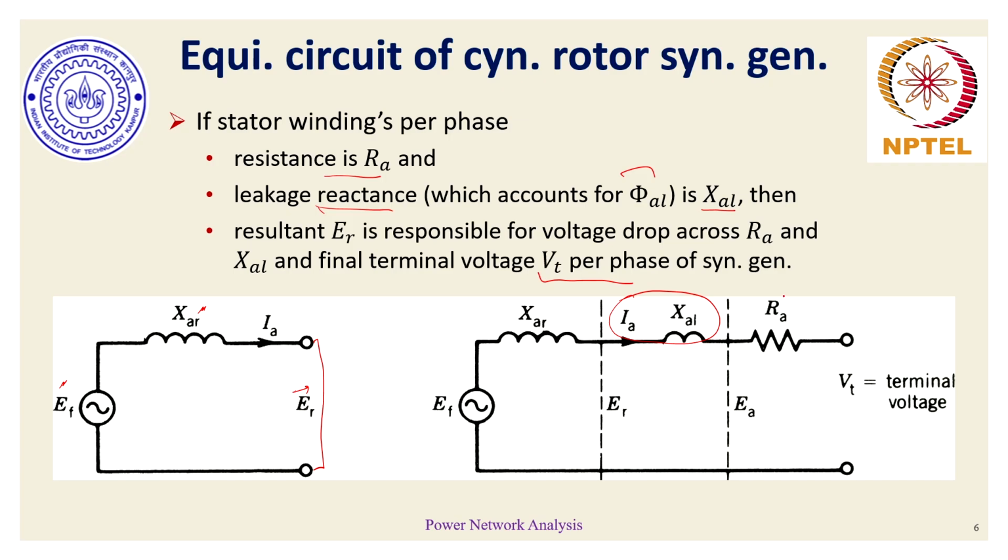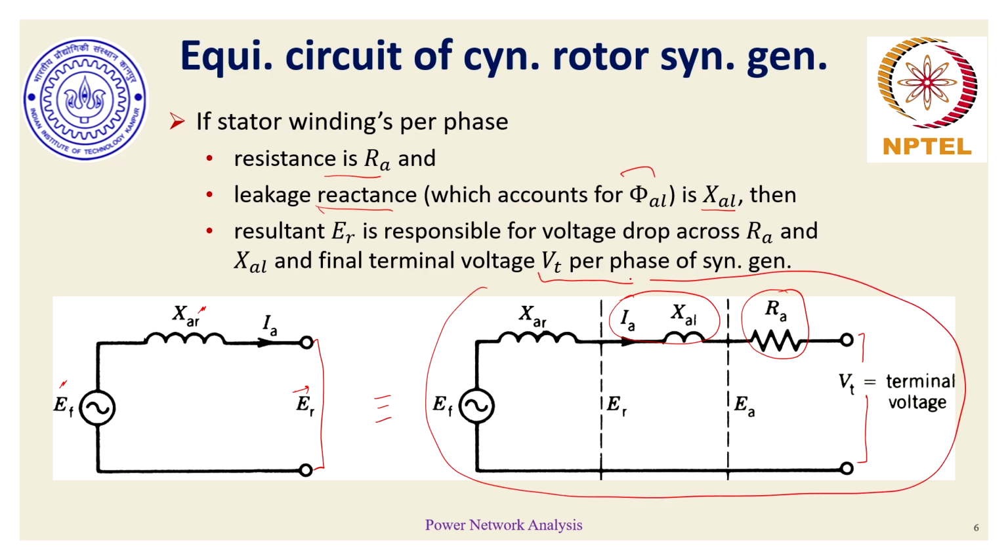It is also responsible for the voltage drop across the winding resistance, and then we have VT as our per phase terminal voltage. This represents an equivalent circuit, the one shown here, the equivalent per phase circuit of a typical cylindrical pole synchronous generator.